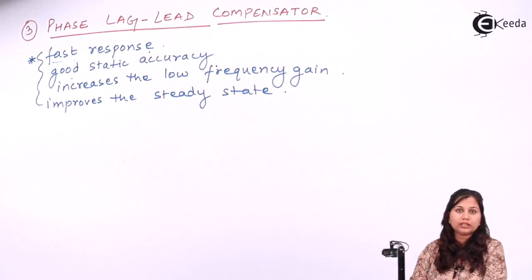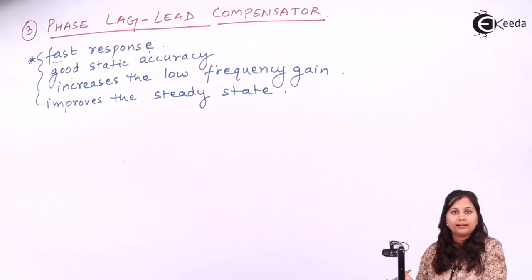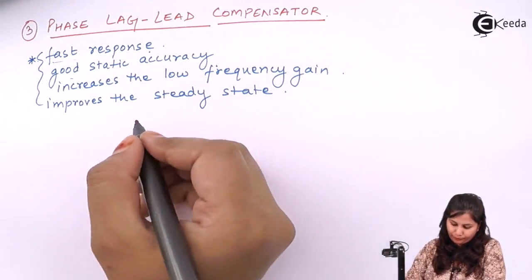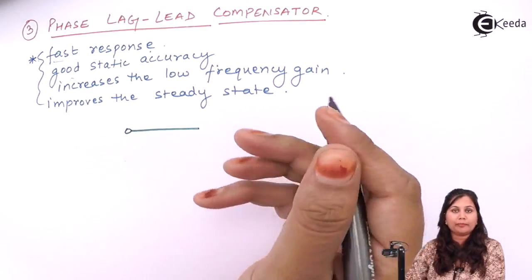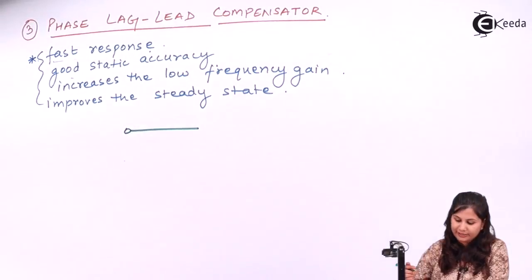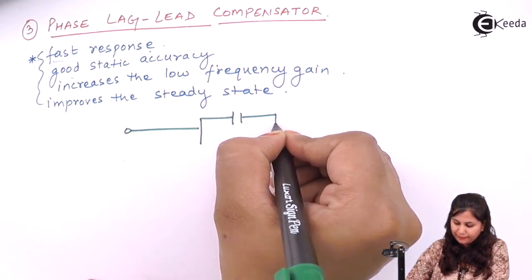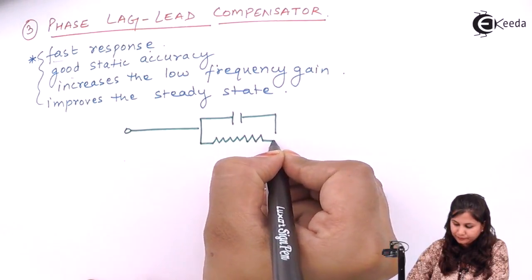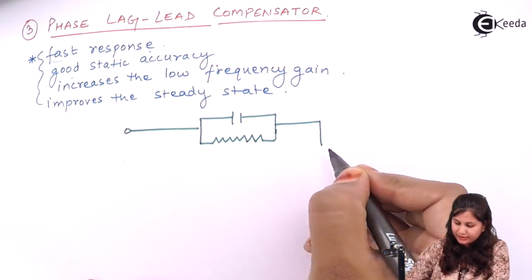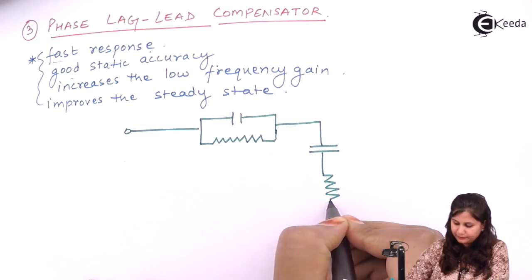Now let us draw the electrical circuit diagram for the electrical phase lag lead compensating network. Its circuit diagram will be a combination of the phase lag and the phase lead network. So here we will have the parallel combination of the capacitor and the resistor, and here we will have the series combination of resistor and the capacitor.